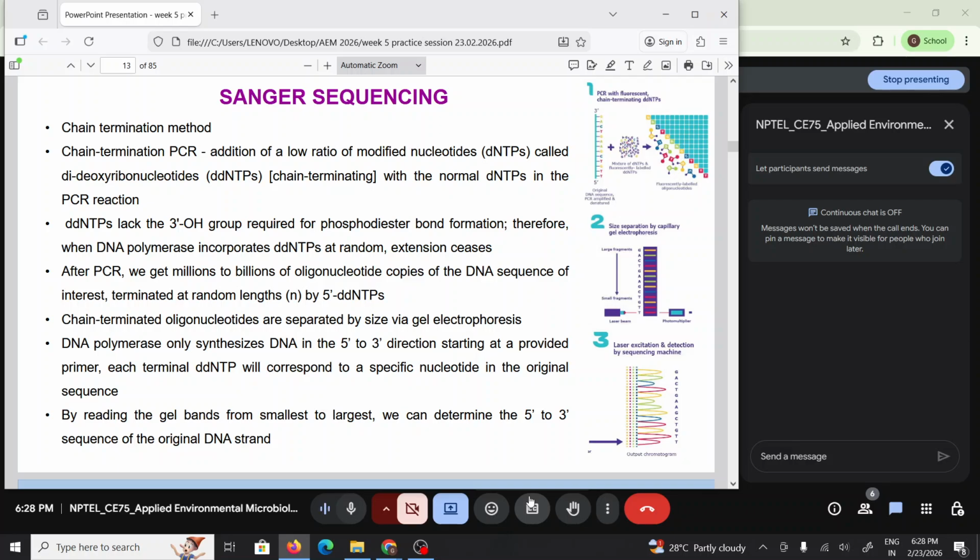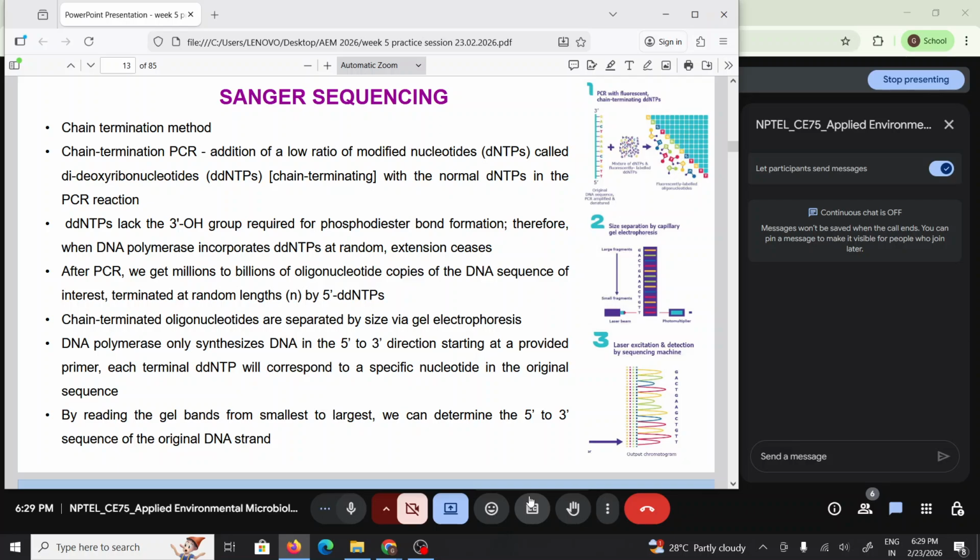So the DNA polymerase incorporates ddNTPs at random, but after ddNTPs the chain elongation is stopped. Once after the PCR is done, we get billions of oligonucleotide copies of the DNA sequence, each stopped at one point.